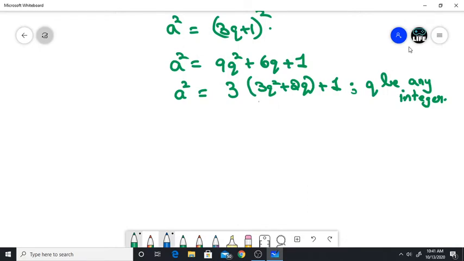Take the full bracket as p. So you get 3p plus 1. So a square equals to 3p plus 1. Take this as 2.